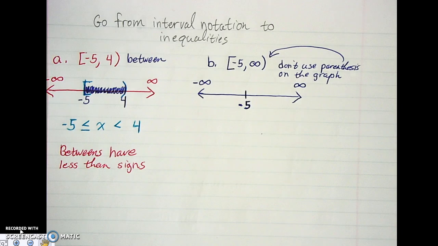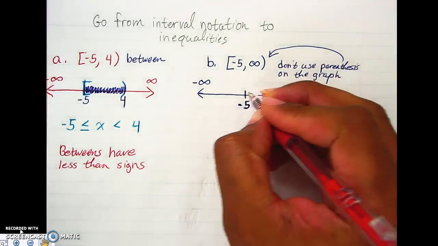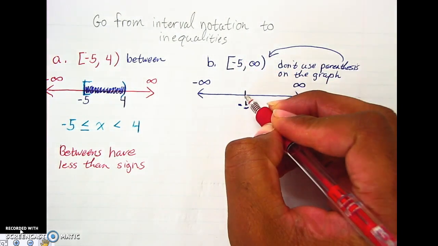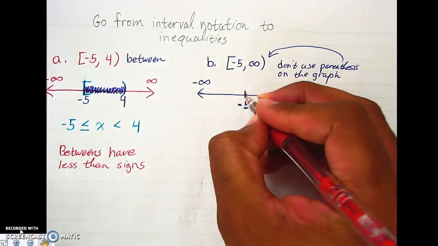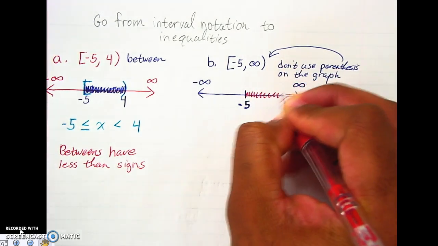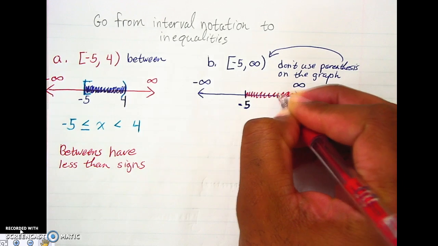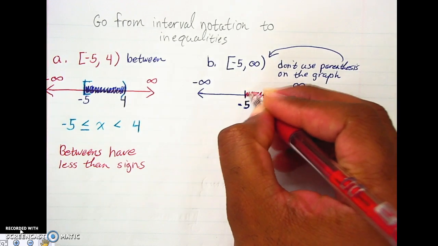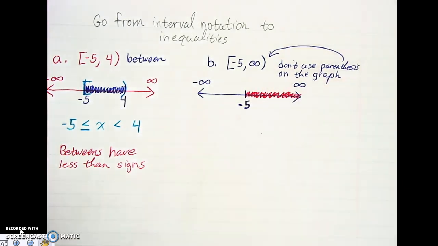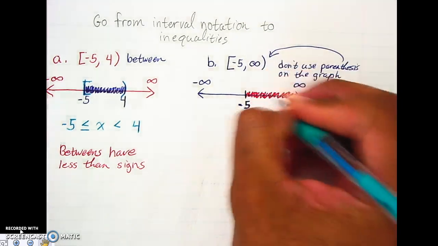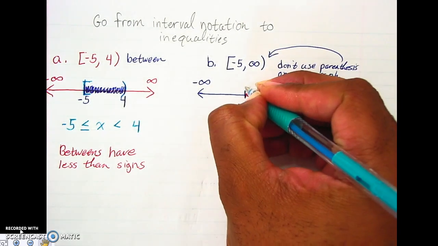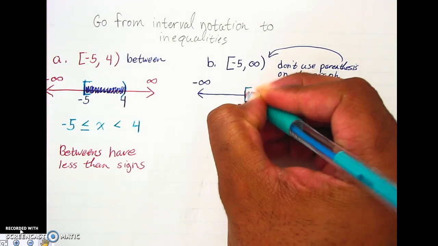So when we shade it, we know we're going to shade where it goes from -5 to positive infinity. So this side over here. That's where the graph exists. And again here, we're going to put a bracket on -5. And again, because we're shading on this side, it has to come around and cup it like this.